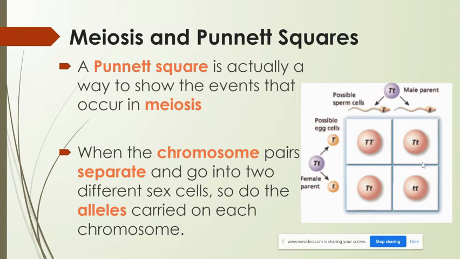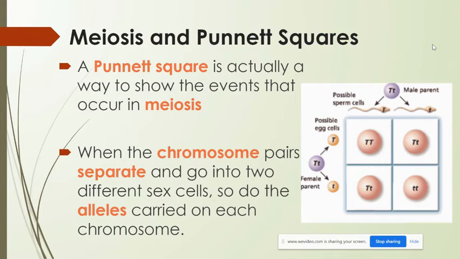So meiosis and Punnett squares do still go hand in hand, and just like we were looking at how things could be predicted, we can do the same. So a Punnett square is actually a way to show the events that occur in meiosis. So when the chromosome pairs separate and go into 2 different sex cells, so do the alleles carried on each chromosome.